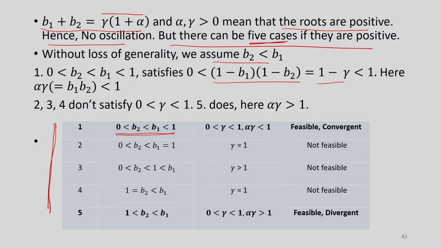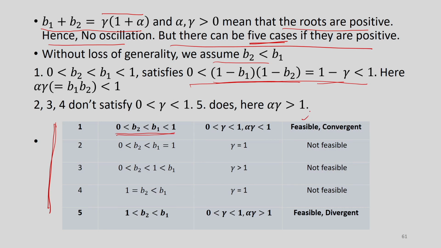And if B 1 and B 2 both are lying between 0 and 1, then 1 minus B 1 is going to be negative, 1 minus B 2 is also going to be negative. Now, the product of these two, it is possible that it is lying between 0 and 1, and which will satisfy this condition. So, this is feasible.